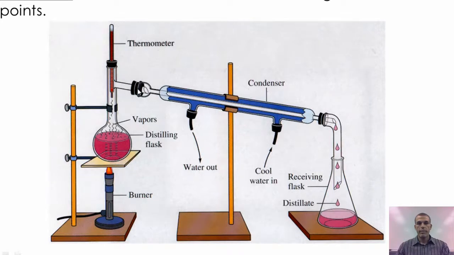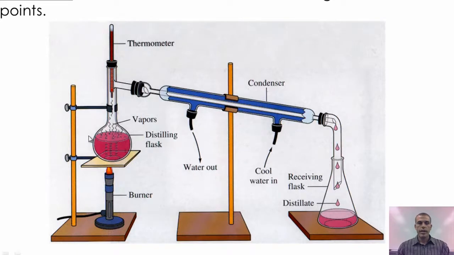And what's going to happen is it's going to hit this tube, and we're going to have water running through it. This is what's referred to as a condenser, because this water is cold and this vapor is heated up. Once that warm vapor hits the condenser tube, it's going to condense back into a liquid form, and that's going to drop off into here.